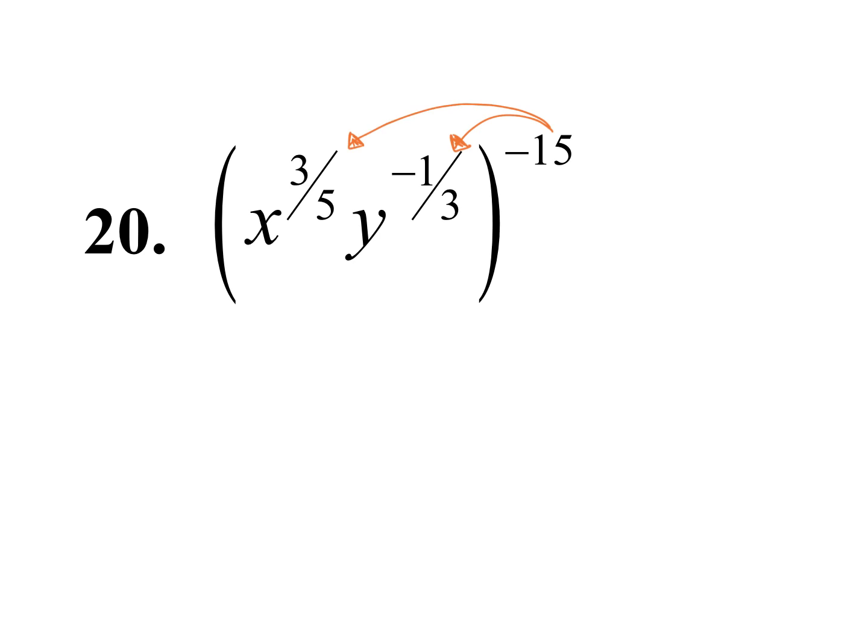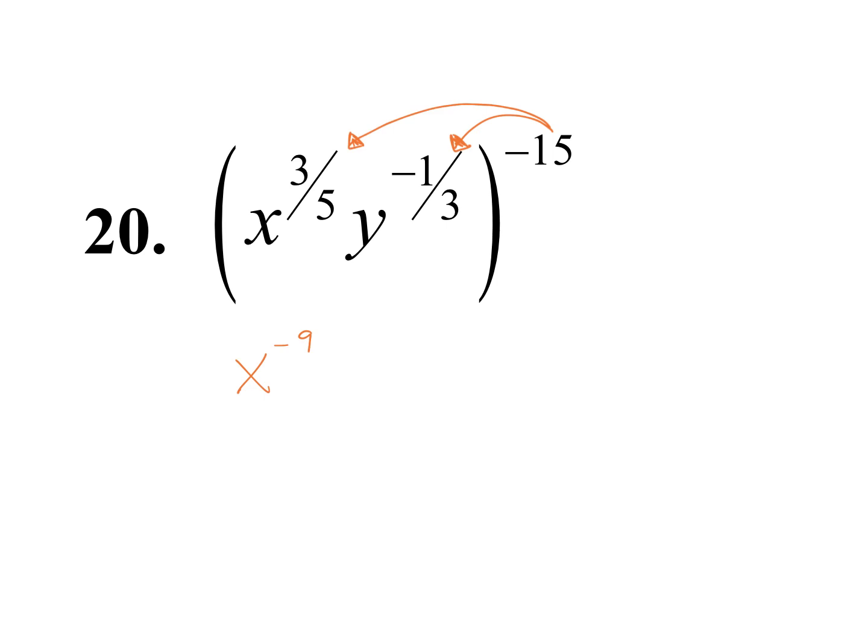Fingers crossed. Okay, so number 20. If we distribute that -15, we end up with x to what power? 3/5 of -15? -45 over 5, right? -9.